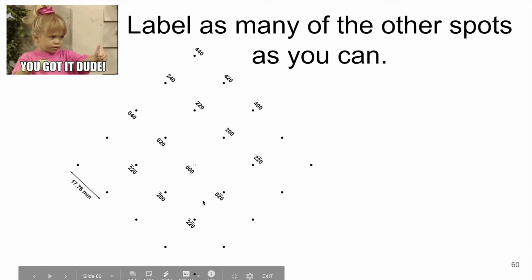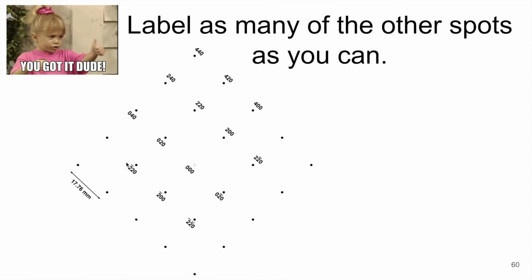We can also get the values here and here in a similar fashion, and you can keep going on. I stopped at some point, but that shows you that, from the symmetry of the crystal, that's how you should be able to fill in the blanks of these patterns. That's where I'm getting this information, and that's how I'm filling it in.